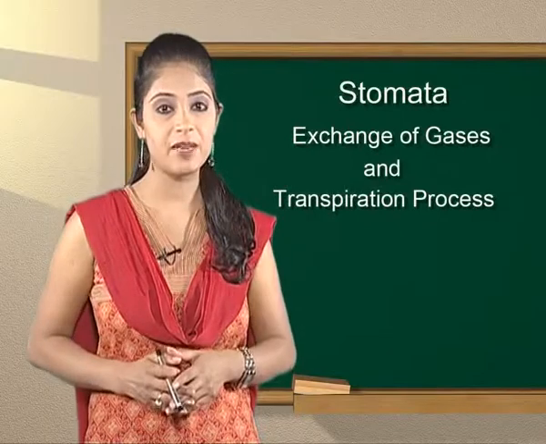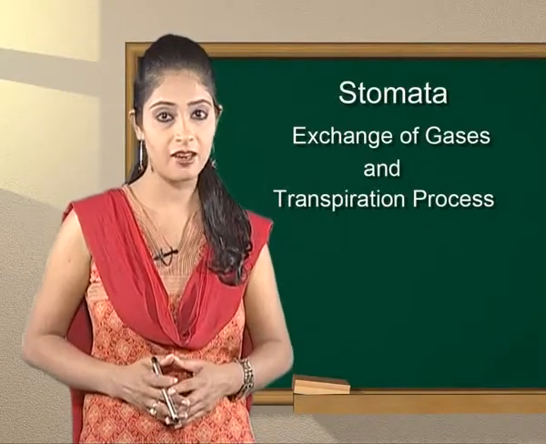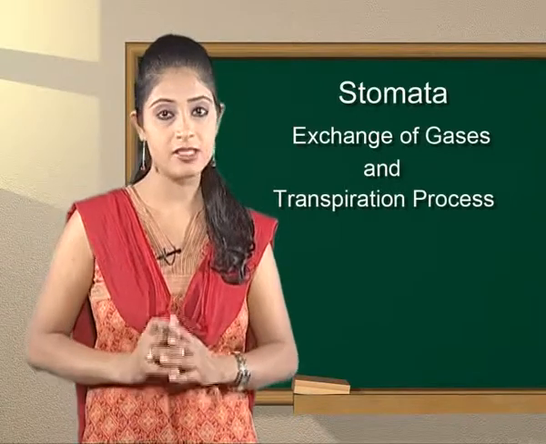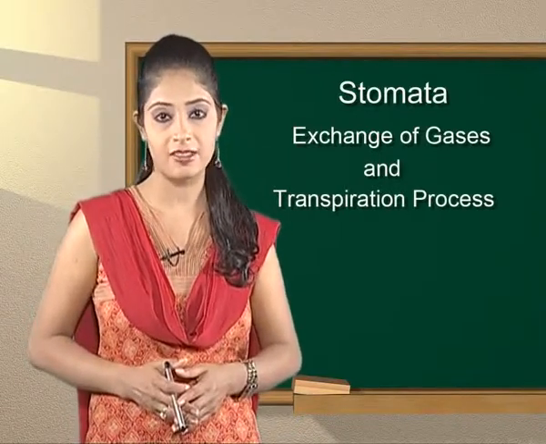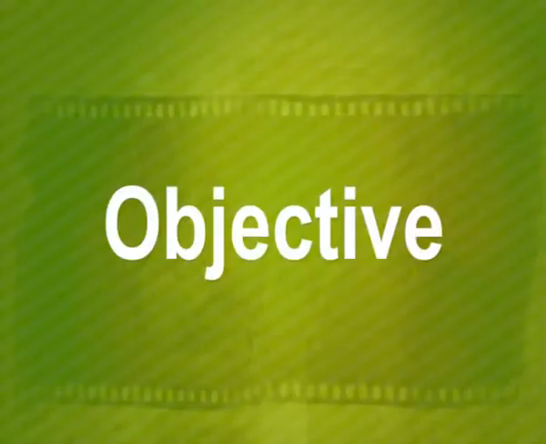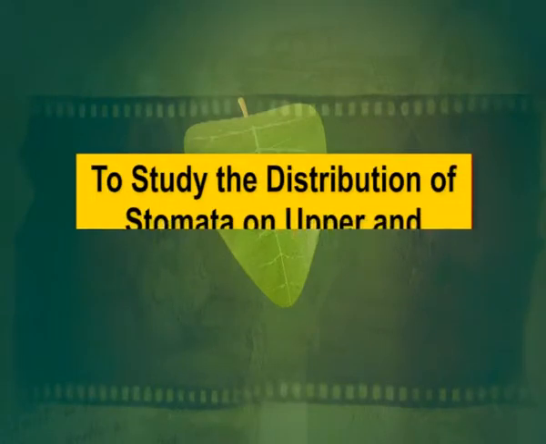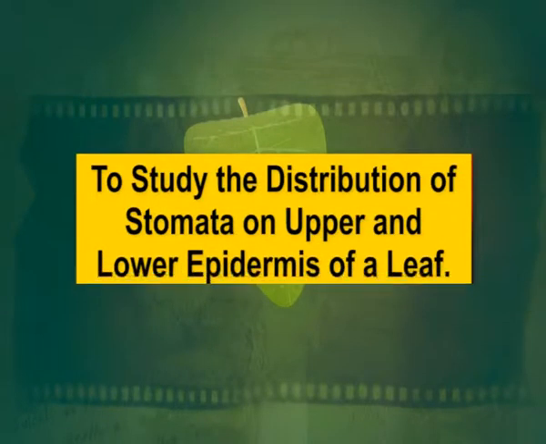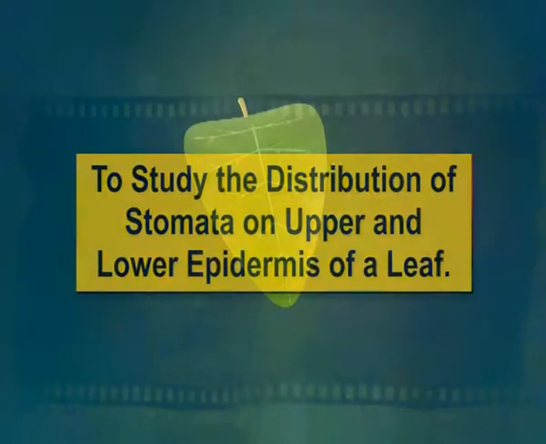In our experiment today, we will study the distribution of stomata on the upper and lower surface of a leaf of a dicotyledonous plant. Objective of this experiment is to study the distribution of stomata on upper and lower epidermis of a leaf.